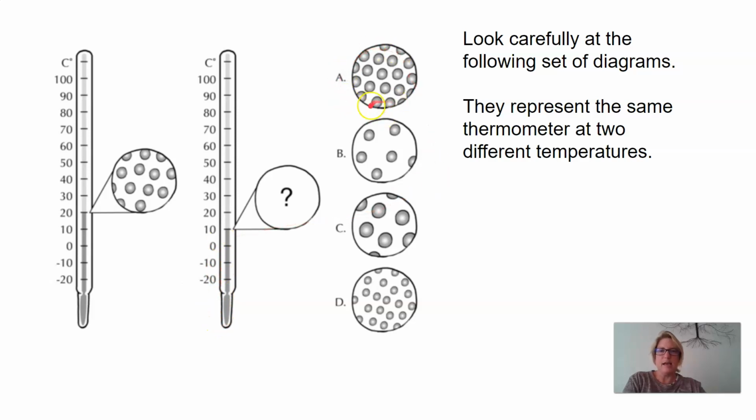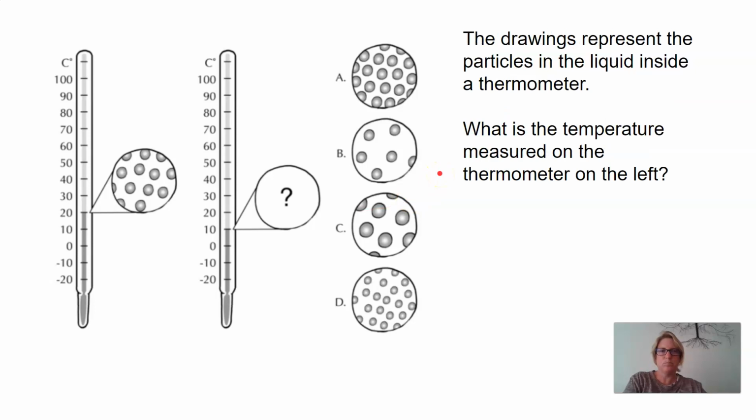And here is a scenario of what particles might look like in this liquid here. What is the temperature measured on the thermometer to the left? What is that temperature reading? Yes, it is 20 degrees Celsius.